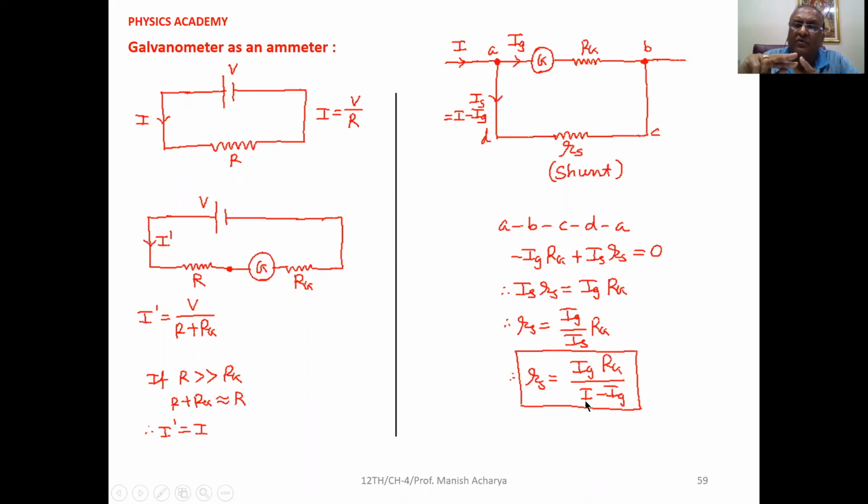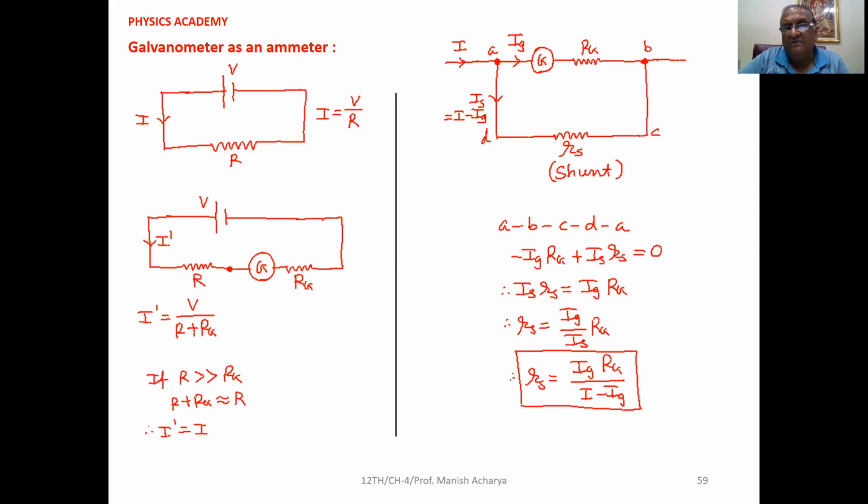Now you want to convert this galvanometer into an ammeter which can measure 10 ampere current. So I is 10 ampere, Ig is 10 raised to minus 3. Solve this equation, calculate Rs. Then connect that much resistance parallel to the galvanometer.